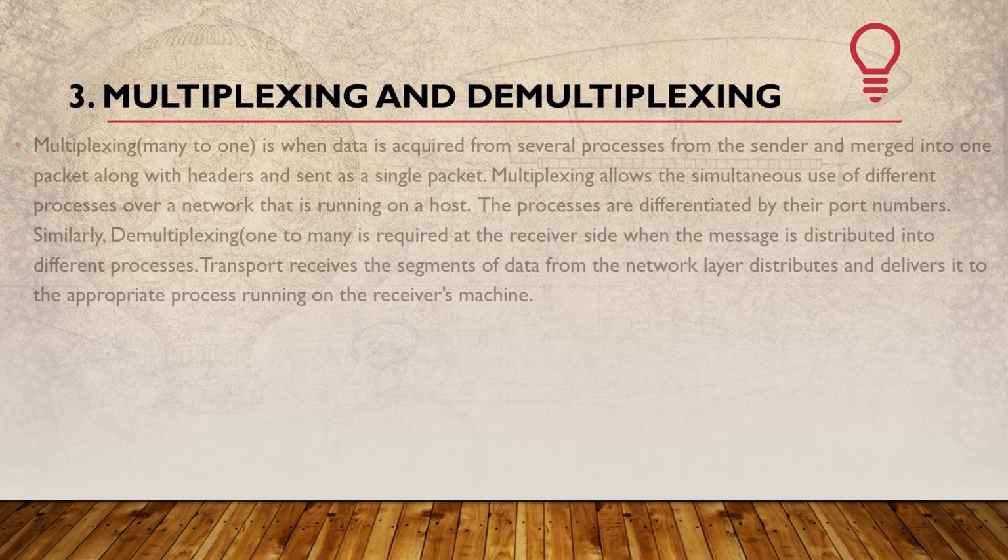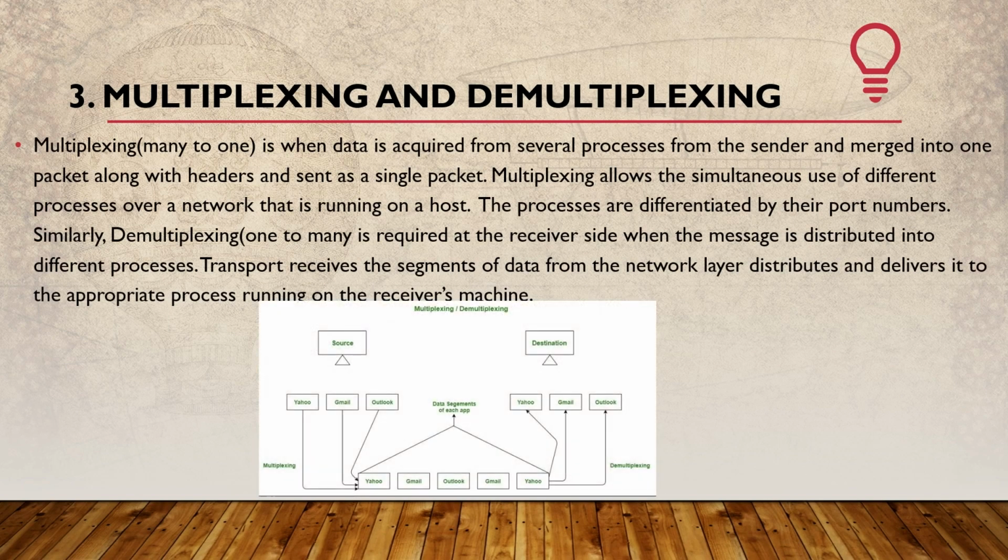Now multiplexing and demultiplexing. See, multiplexing means many to one. When data is acquired from several processes at the sender, it is merged into one packet along with the header and sent as a single packet. Multiplexing allows the simultaneous use of different processes over the network that are running in the host.